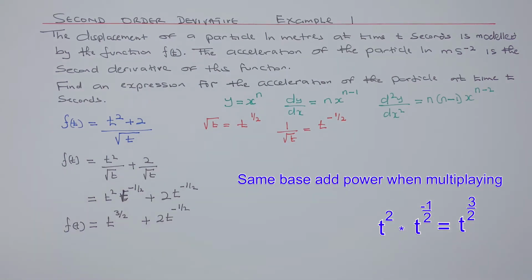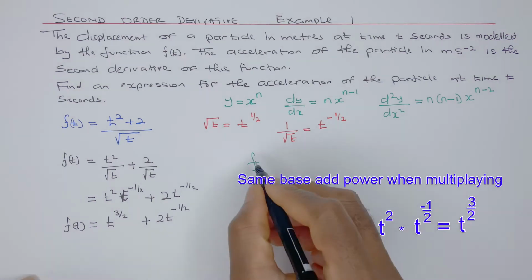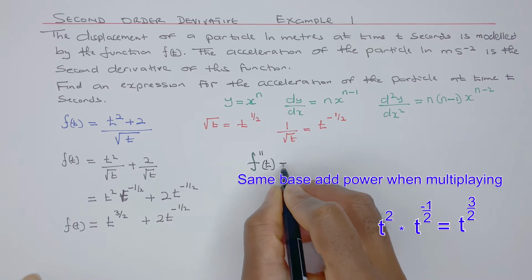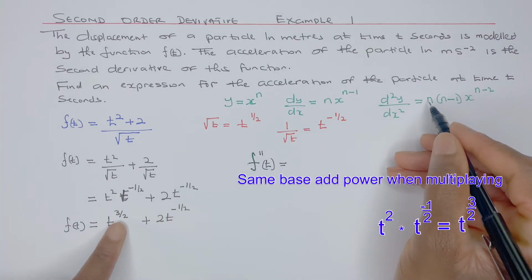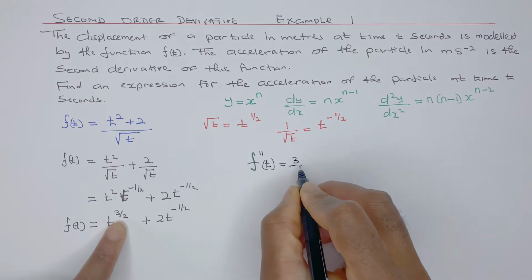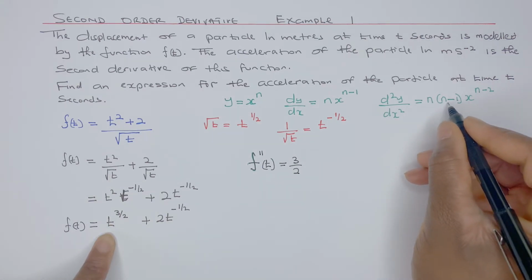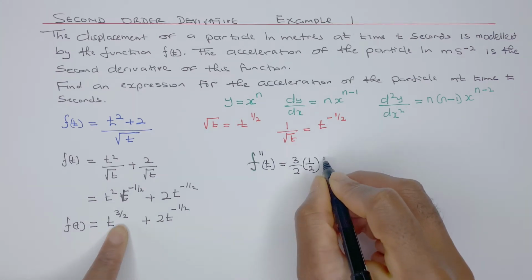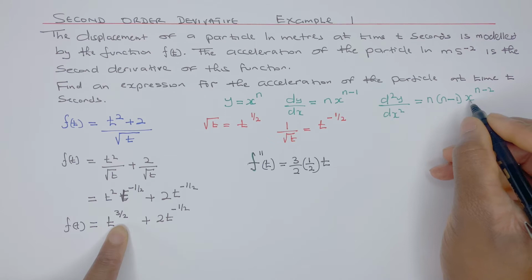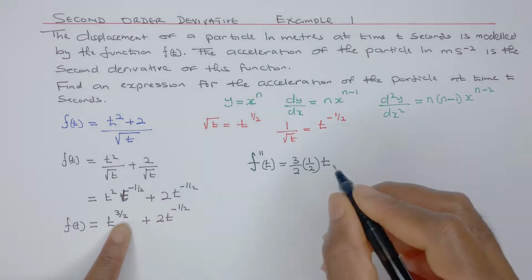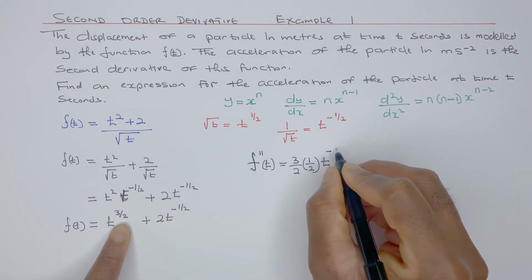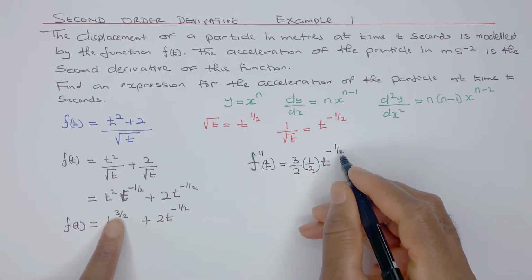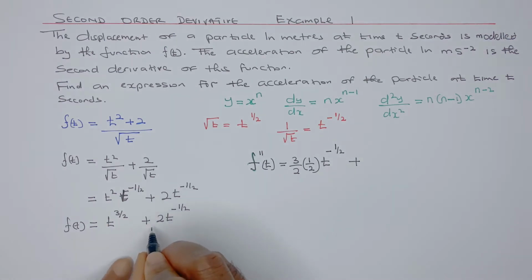We have to differentiate it term by term. To do the second derivative from this, we get f double dash t equals, well, n is 3 over 2, so we've got 3 over 2, and then 3 over 2 minus 1, that will be a half, times a half, t, because x is t in this case, then 3 over 2 minus 2, so that will be t to the power minus a half, plus the second derivative for this one too.